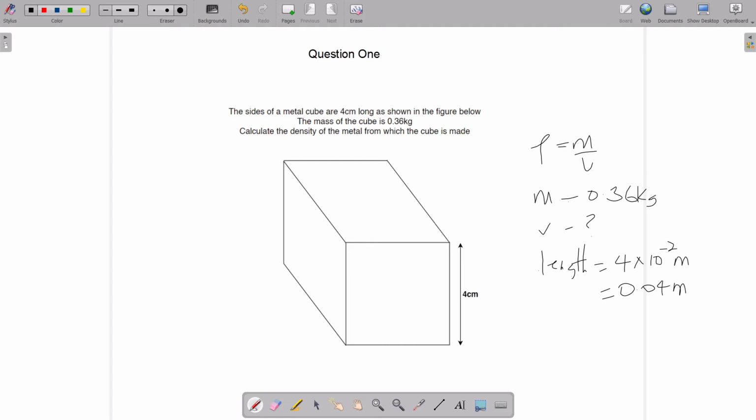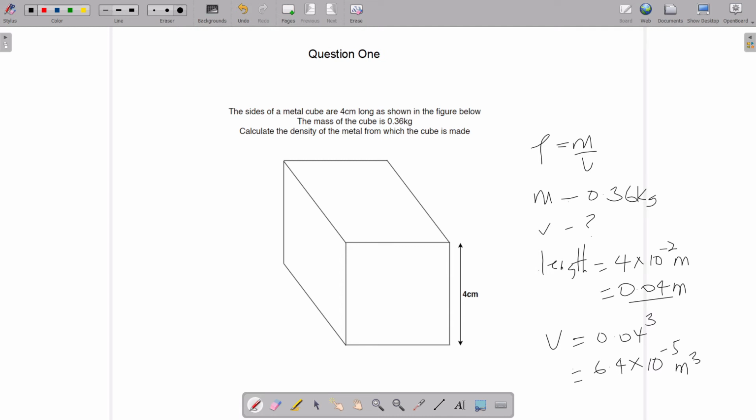Therefore, to find our volume, we just find the cube of this value. Because each side of the cube is the same, our volume is going to be 6.4 times 10 to the power minus 5 meter cube.